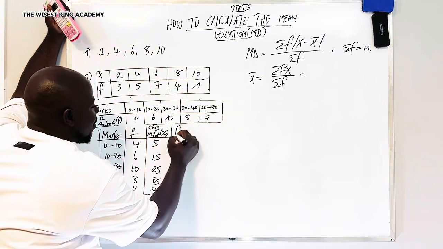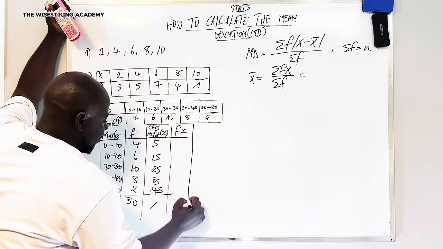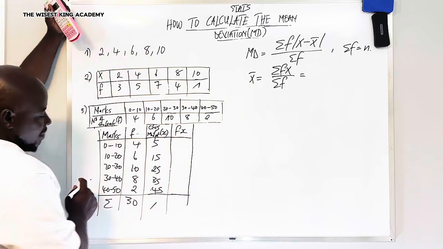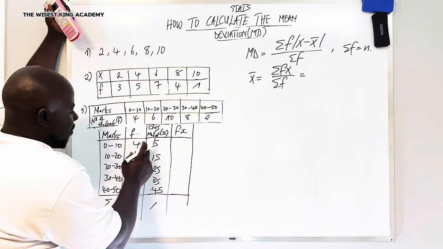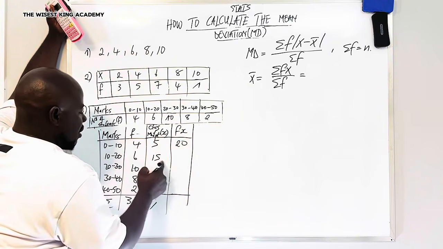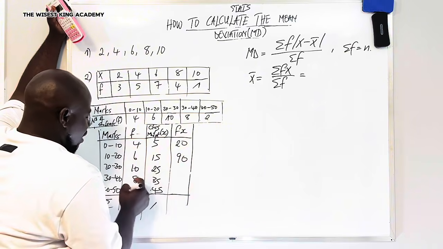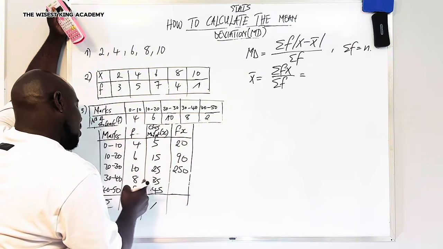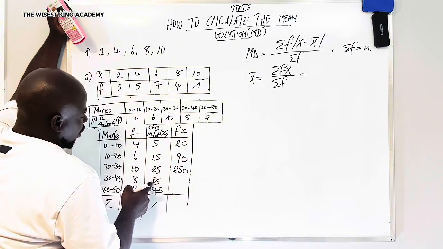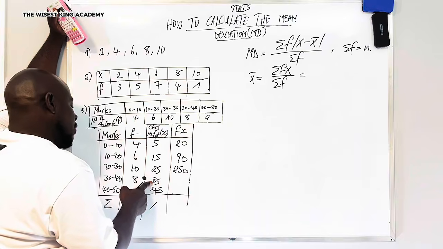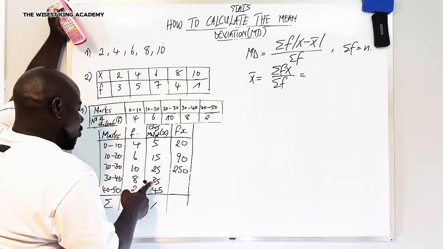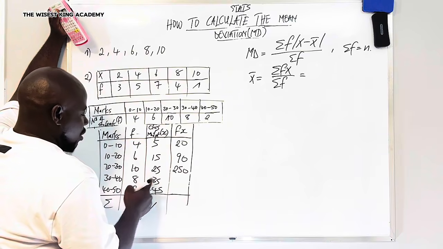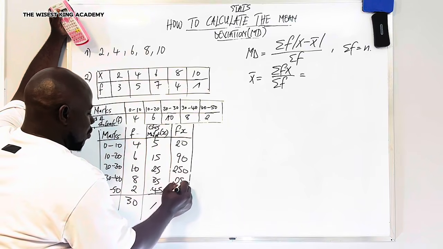So we can now have our f of x. Let me see, okay? This times this, that's 20. This times this, 90. This times this, 250. This times this, 8 times 35 is 280.